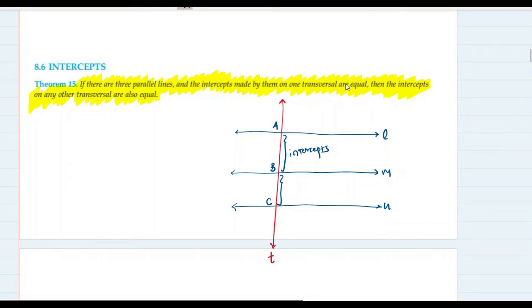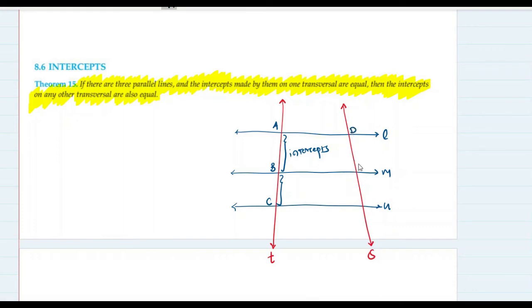That means if I draw any other transversal, let's say like this, transversal S, this transversal is also making two intercepts.